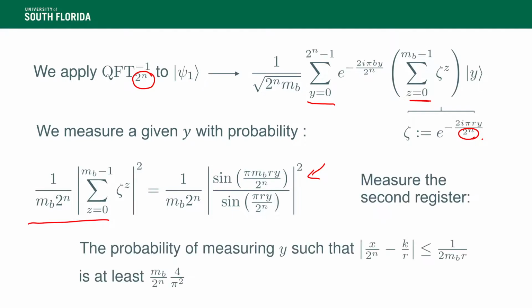Now we can prove, and that's a pessimistic estimate, that the probability of measuring a y that is that close to a multiple of 1 over r, with this bound on the closeness, is at least M_b over 2 to the n times 4 divided by pi squared.